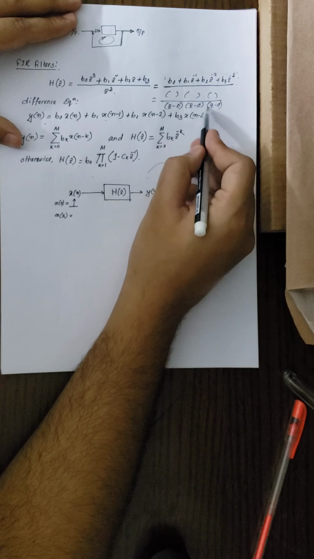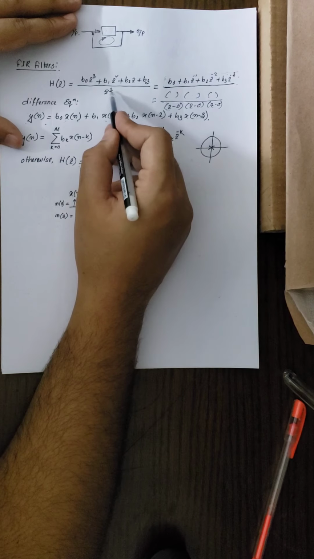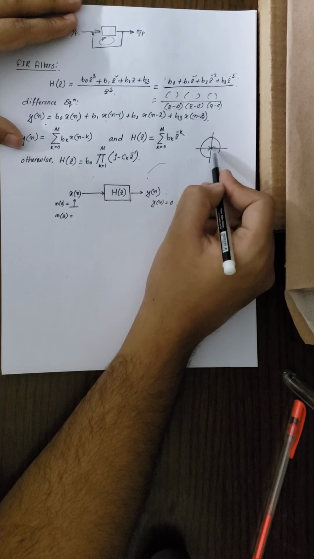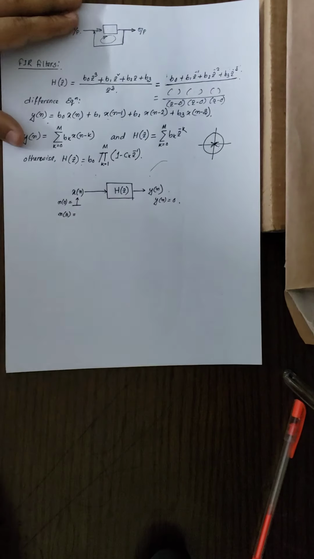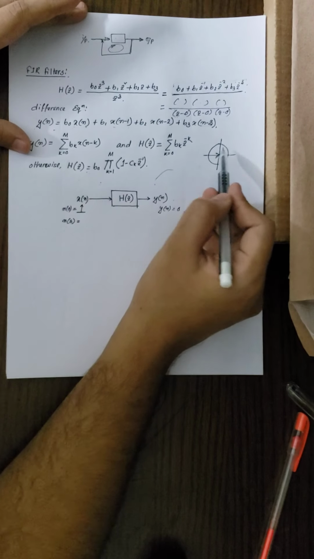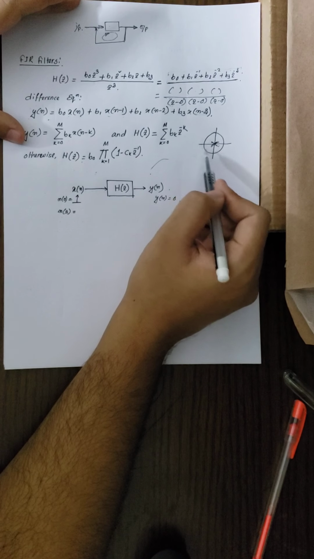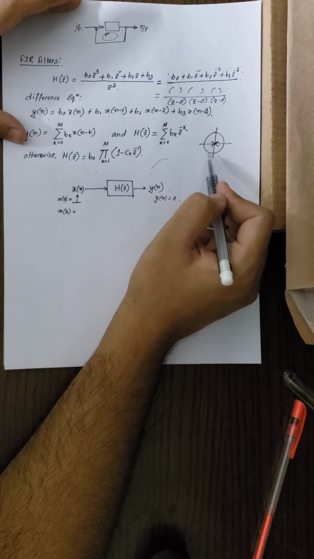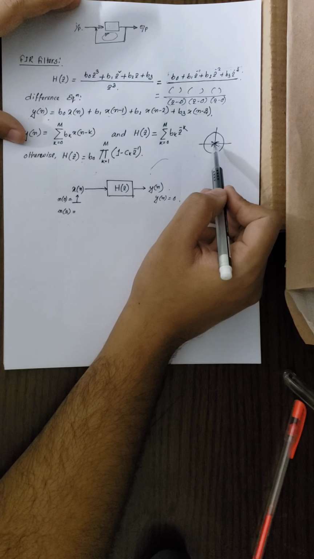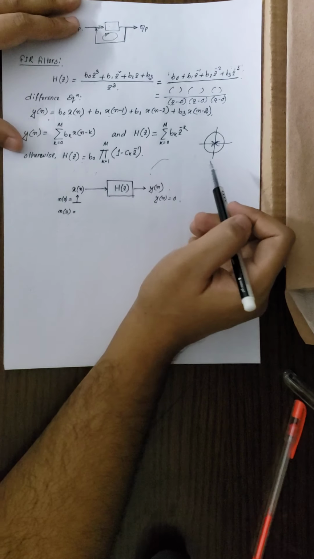So if we multiply these three values, we'll get z cubed. So z minus 0 is nothing but a pole at the origin. So this is a defining feature of the FIR filter, that zeros may occur at any position on the z-plane, but the poles must always occur at the origin.